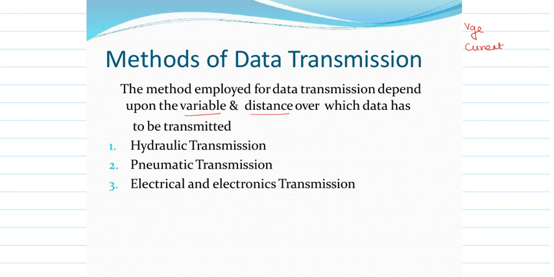Distance means whether it is small, large, or very large, like a kilometer or more. So the data transmission depends on the variable as well as the distance over which the data is transmitted.